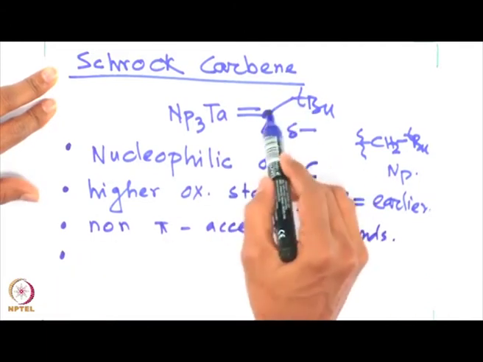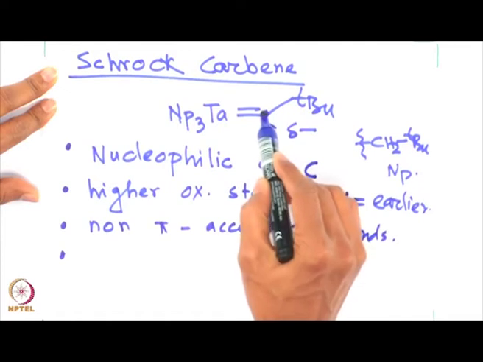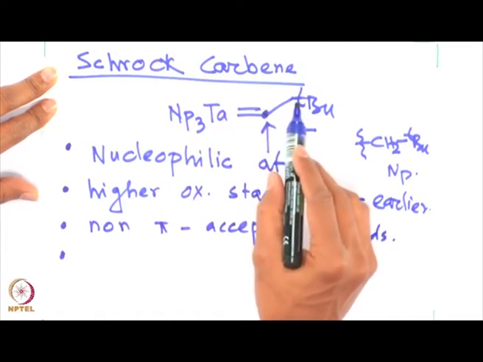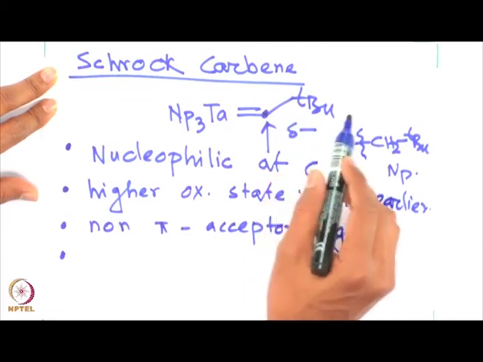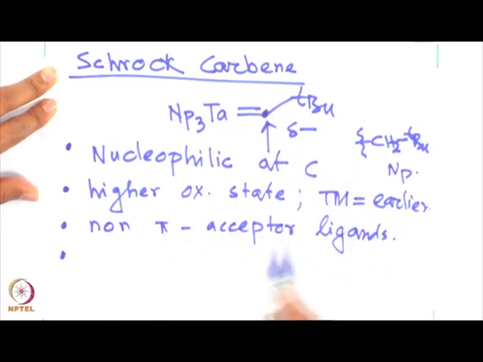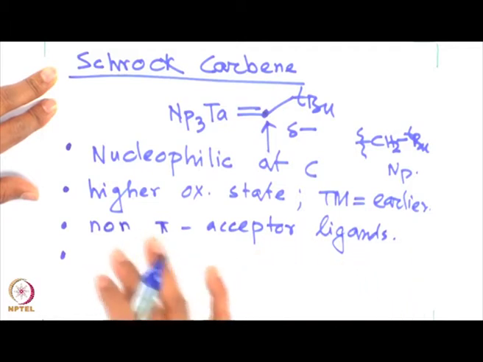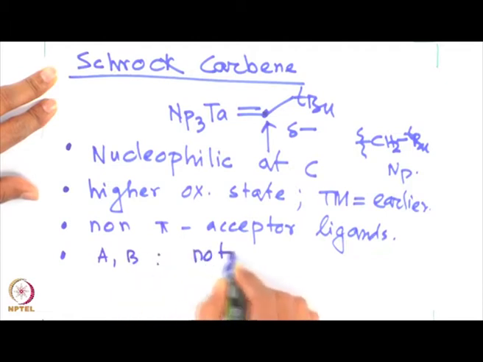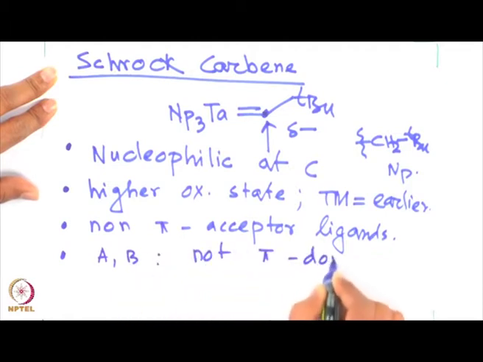and the two atoms that are attached to the carbene carbon center are also not pi donors. So, a non-pi acceptor, non-pi donor type of complex will give you the Schrock carbene. The A and B are not pi donors.